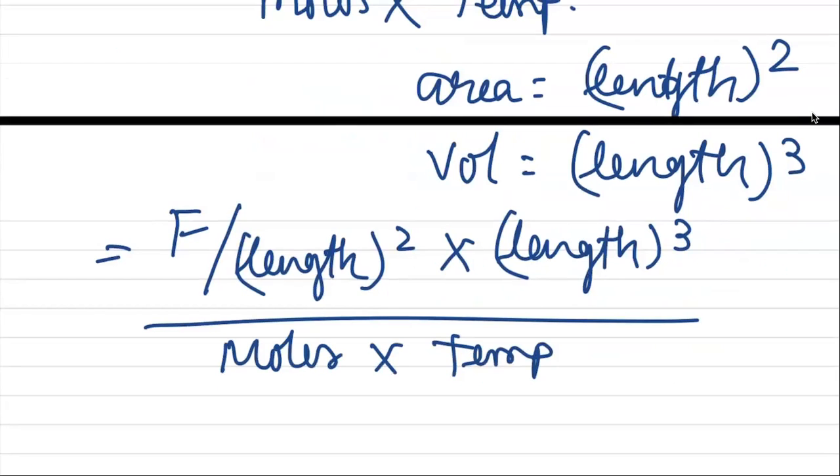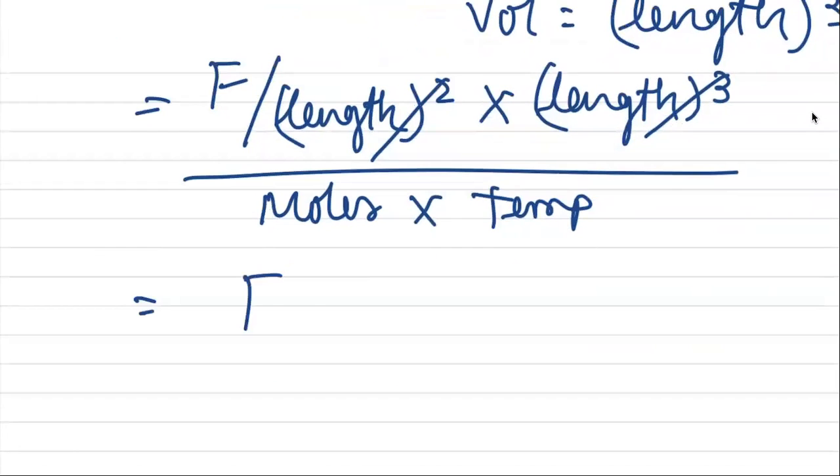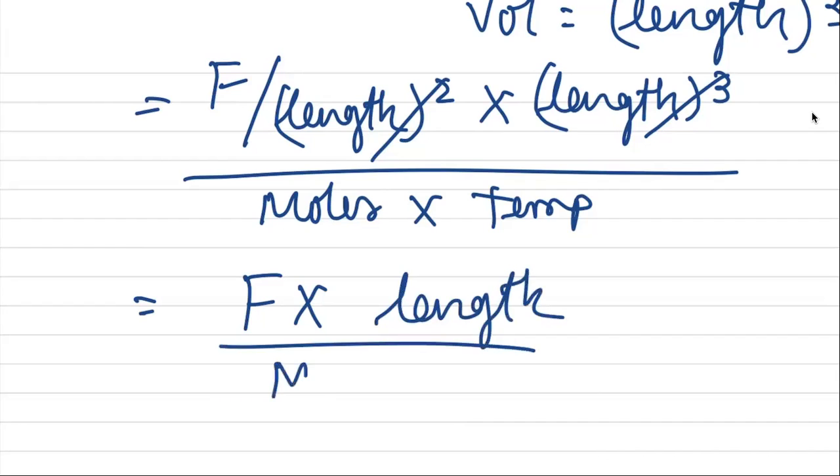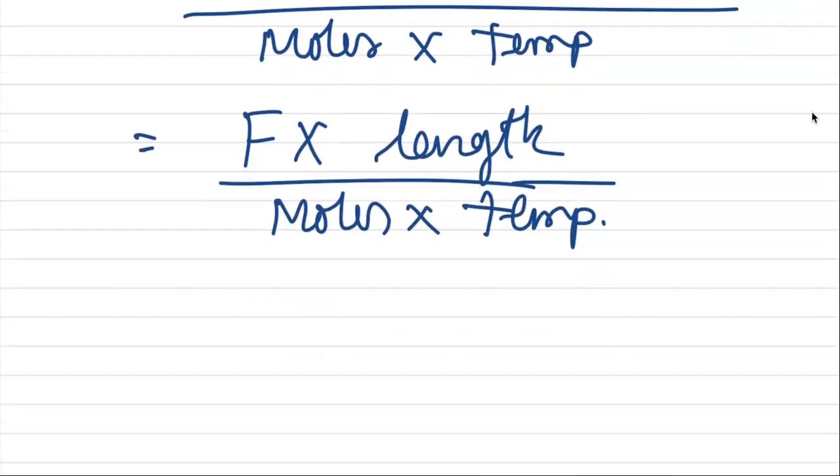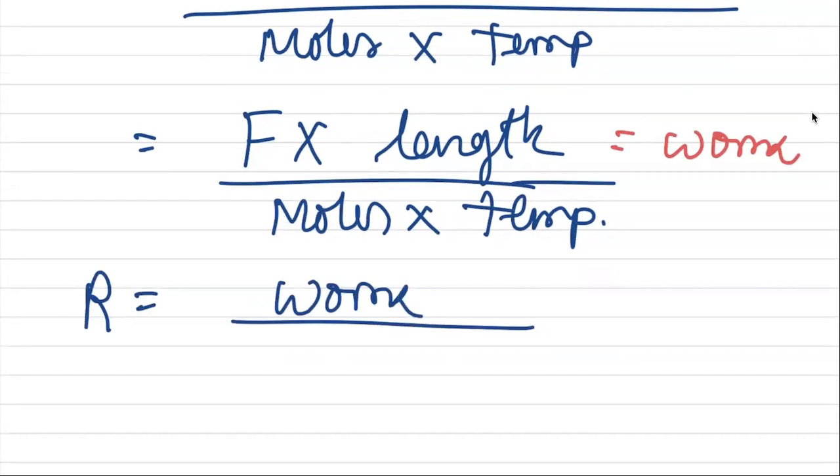If we cancel this, we can say F into length divided by moles into temperature. Force into length is equal to work. So we can say R equals work divided by moles into temperature.